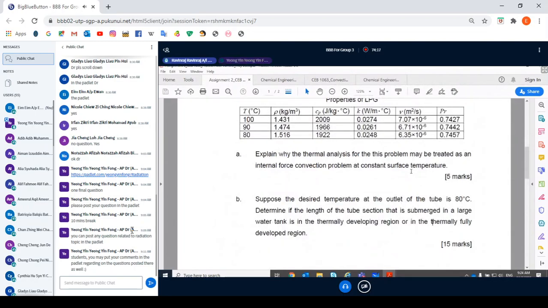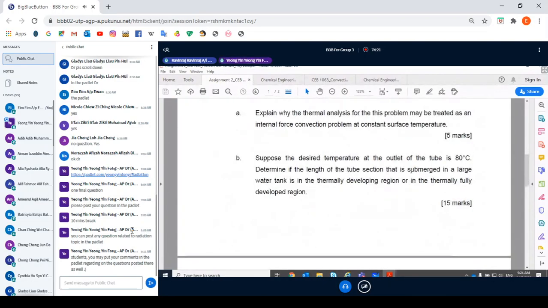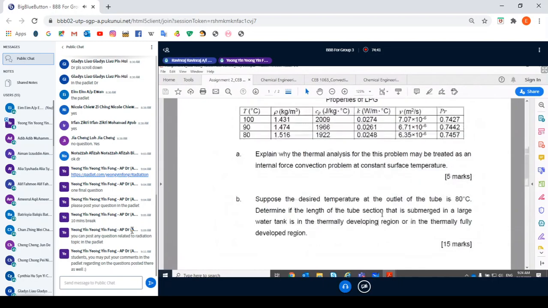So it's all assumption. Will it be the correct one? After that, you have to verify whether your assumption is correct or not, isn't it? By calculating the L, then you have to double check whether it falls under the thermally developing region or not, isn't it?